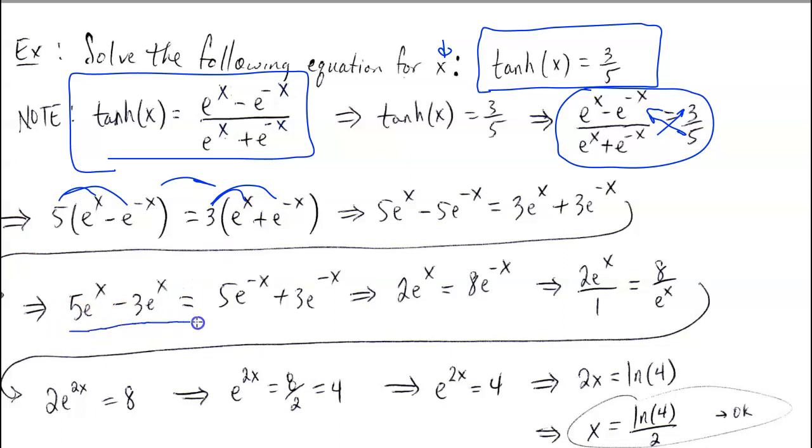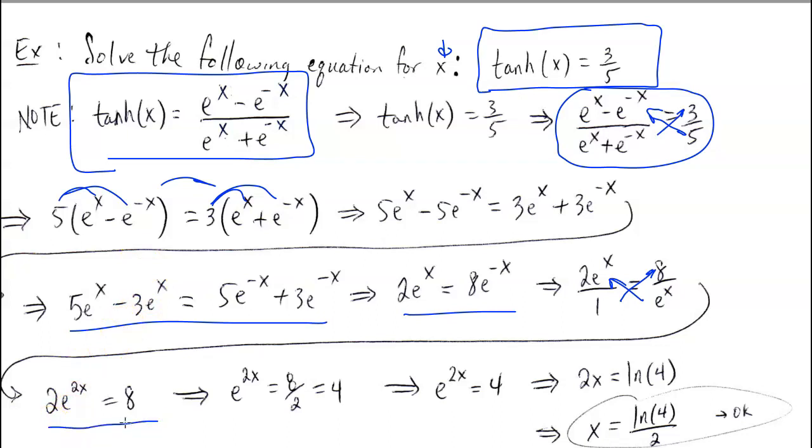That is exactly what I've done in this next step. Once I combine like terms, I have 2e to the x equals 8e to the minus x. And I've rewritten this in a ratio fraction form so that I can again cross multiply across the equal sign to get everything on the same level.